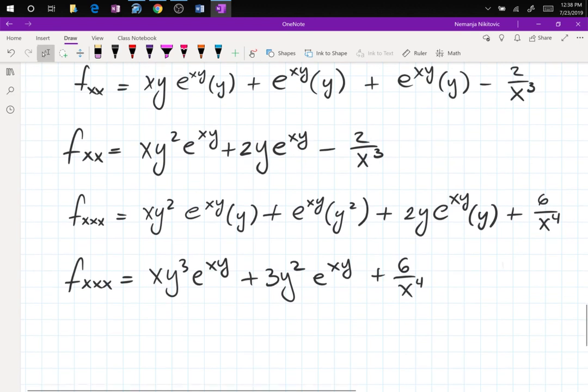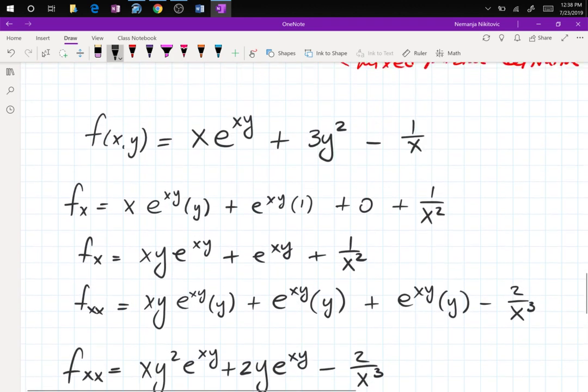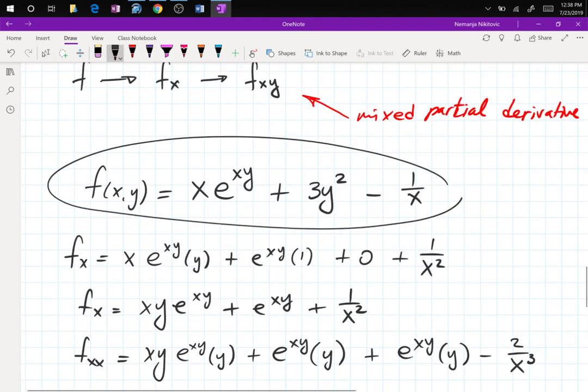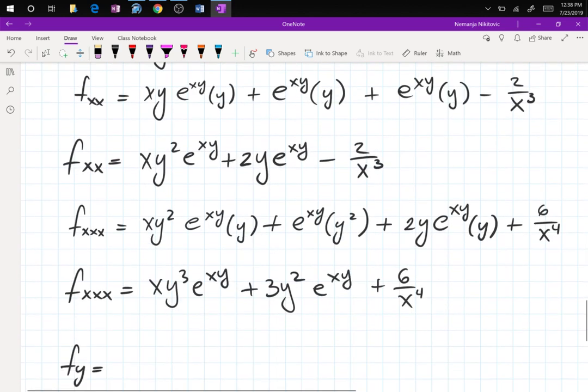Clearly, much easier if you had to find fy, right, the partial derivative with respect to y, because no product rule anywhere. And this term also dies completely because it has no y in it. So the derivative in y, in this case, would be much easier, at least for one step. So what do I have?